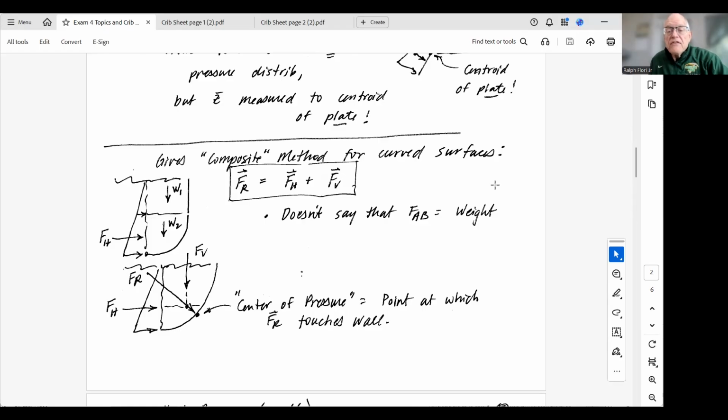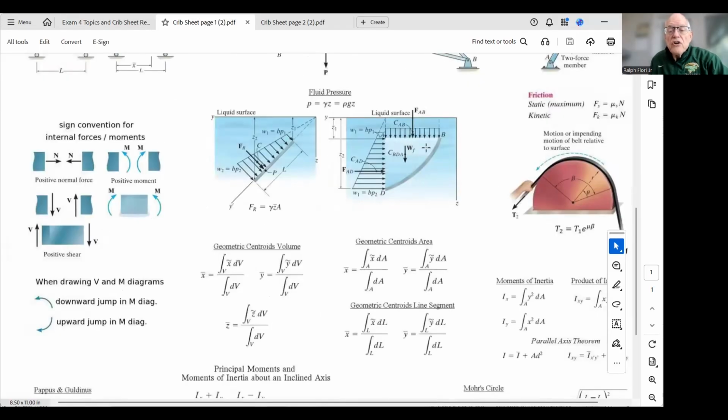Another thing he doesn't necessarily show: here he shows this weight is equal to the weight here, but up here he gives FAB, implying that this is the resultant of this pressure distribution, which it is, but it's also equal to the weight. And so this FAB is the weight of the fluid above this flat surface too. So you just need to understand how to apply these formulas.